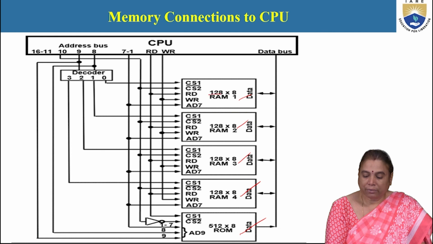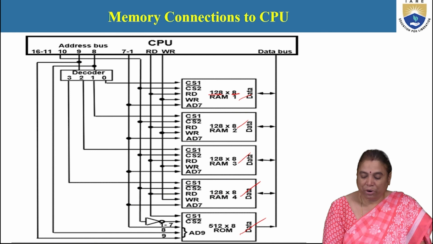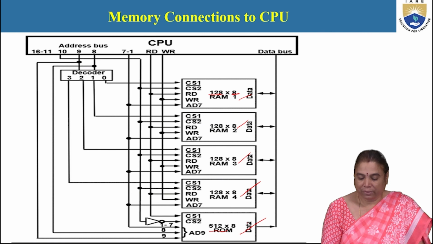So here the address space is 128 and the data line, the word length, is 8 bits. All 4 RAM chips are of 128 by 8. The ROM chip is 2 power 9, 512 by 8, which is the ROM chip capacity.